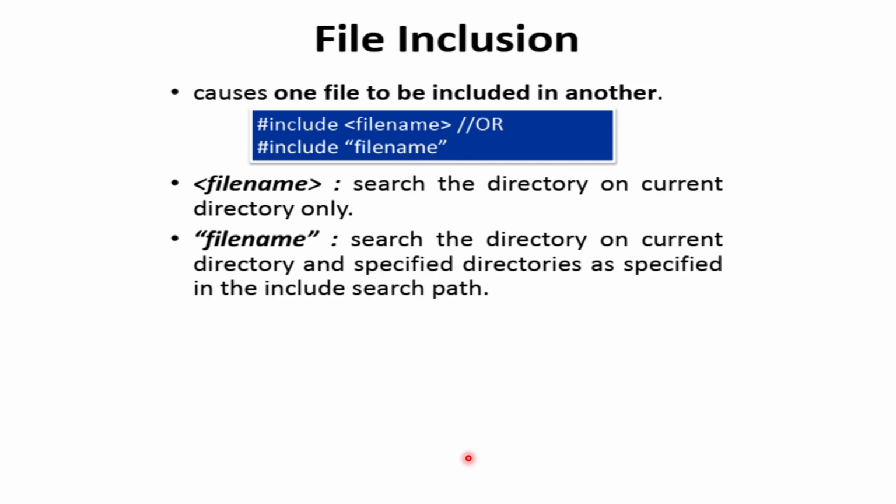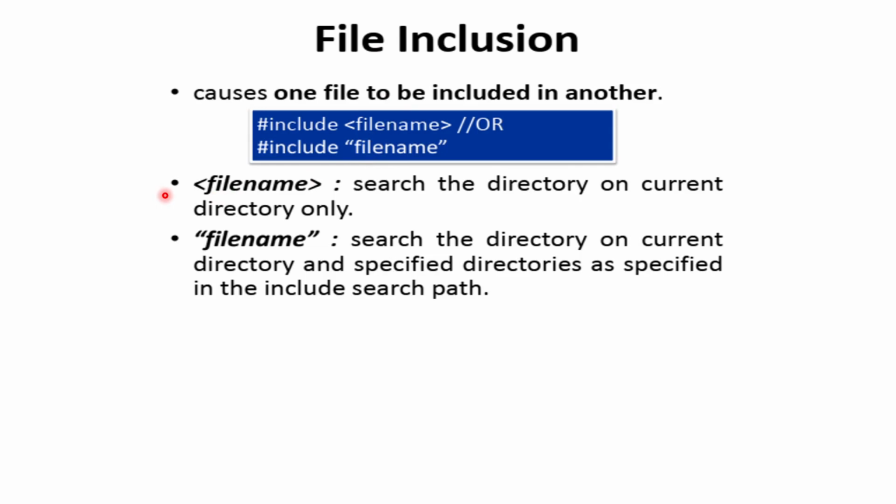How have you done that? You have done it in this particular way. You have written something like hash include and then the file name like stdio.h or conio.h or math.h and many more. So that means unintentionally you have used the file inclusion preprocessor directive in your program, but maybe you didn't have an exact idea of what file inclusion means.